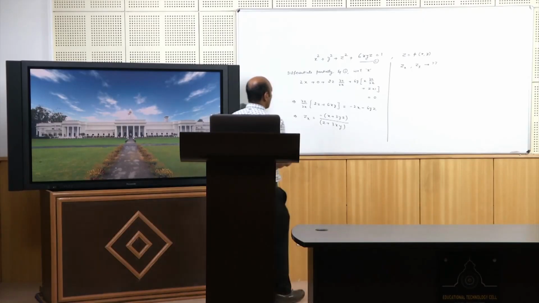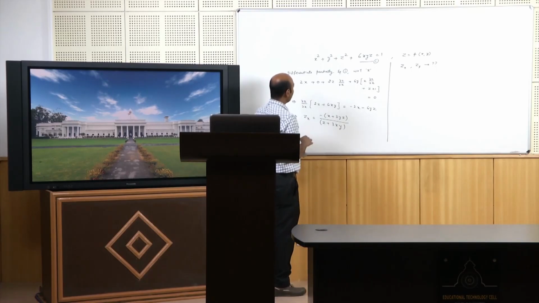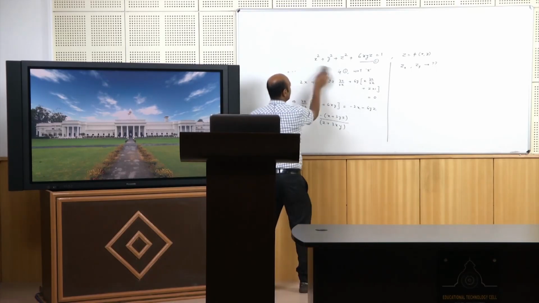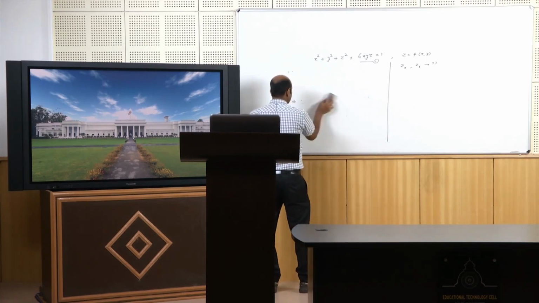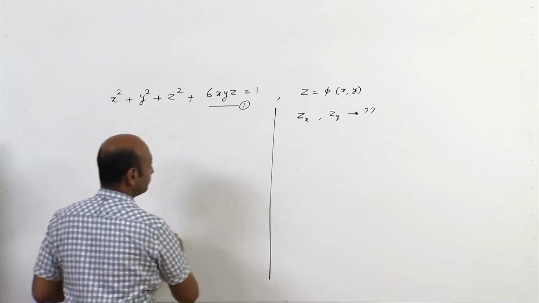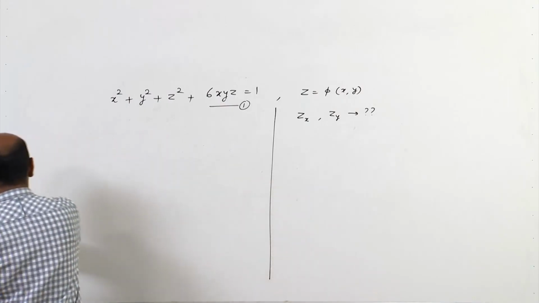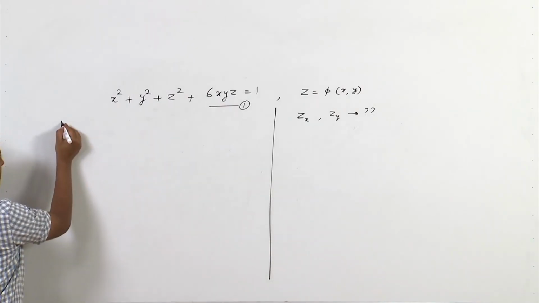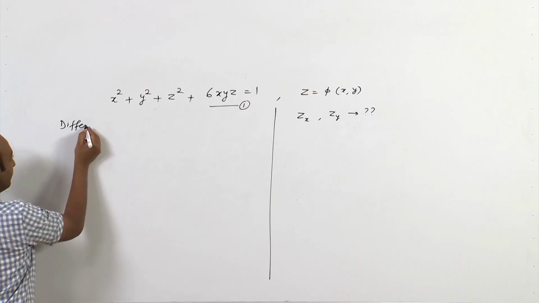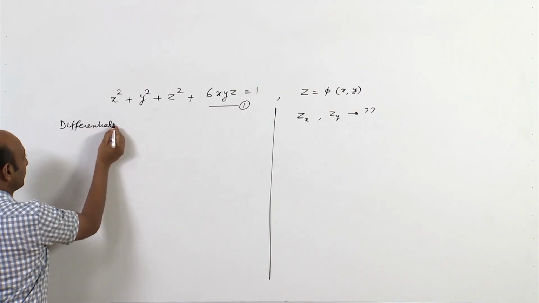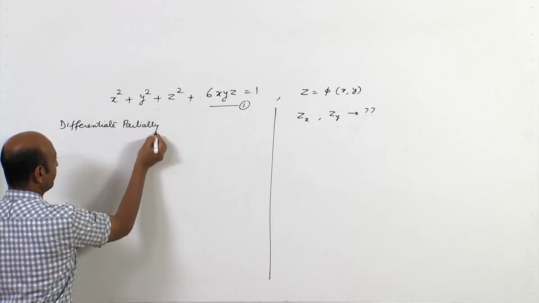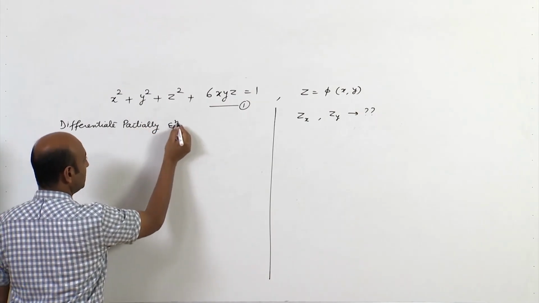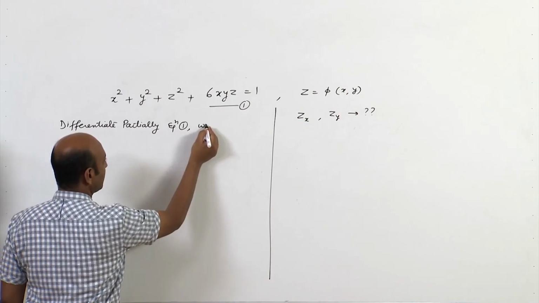Now if you want to find del z upon del y, similarly we can proceed. Now again differentiate partially equation 1 with respect to y.